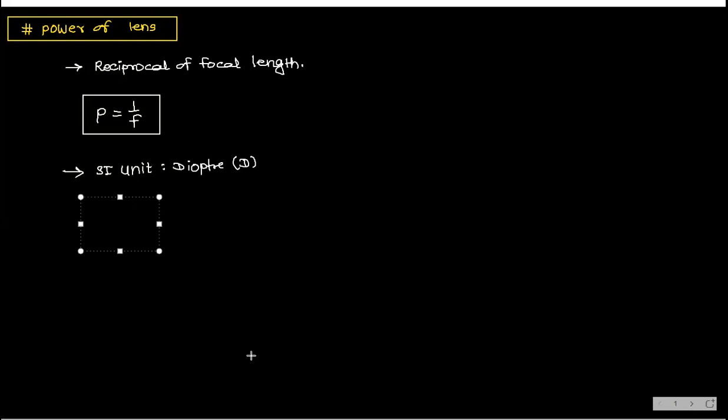So therefore, I am writing power P in diopter is equal to 1 by focal length in meter. Another formula, if you want power in diopter but you are substituting focal length in centimeter, then you use this formula, that is 100 by F in centimeter.